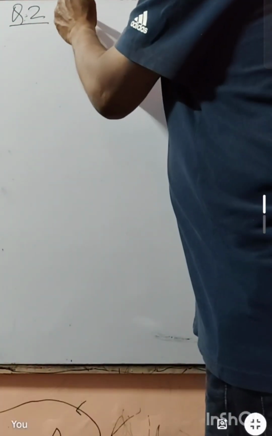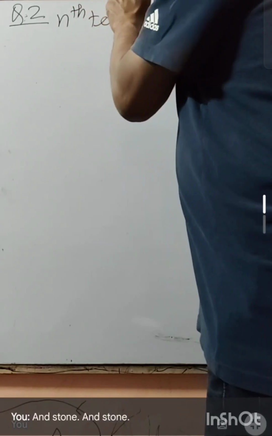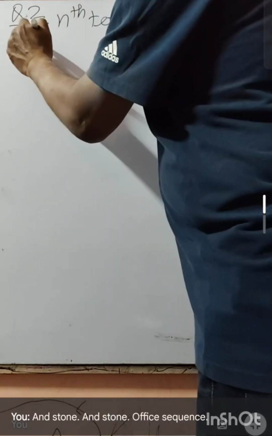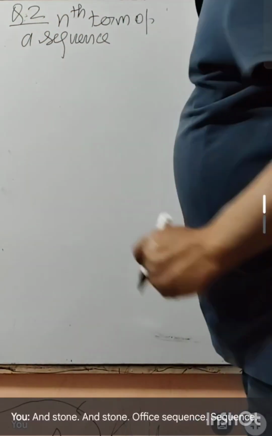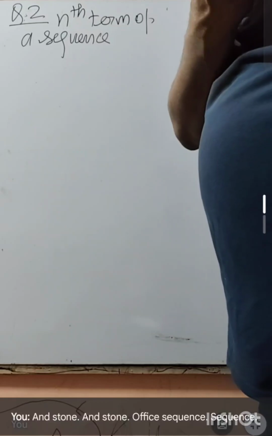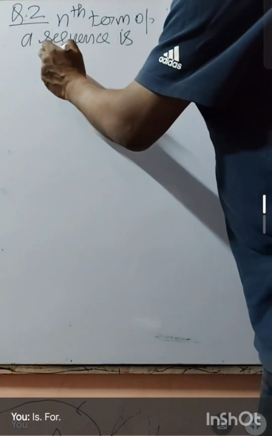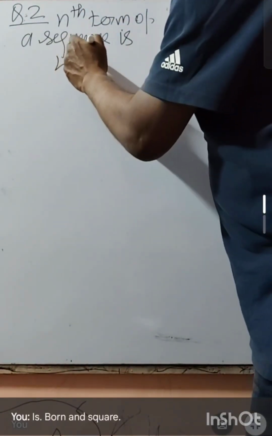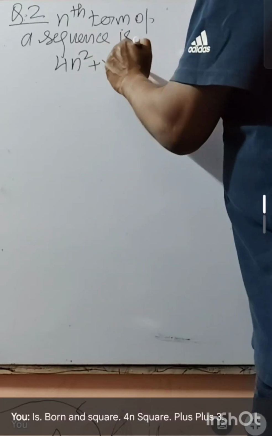Nth term of a sequence is 4n squared plus n plus 3.